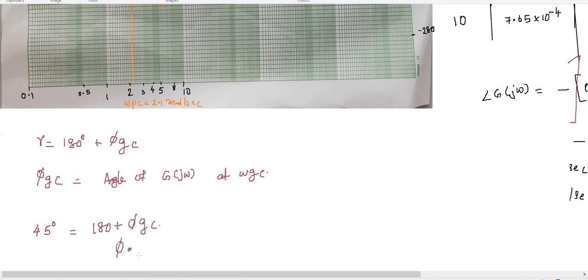Then phi gc will be minus 180 plus 45, that is equal to minus 135 degree.